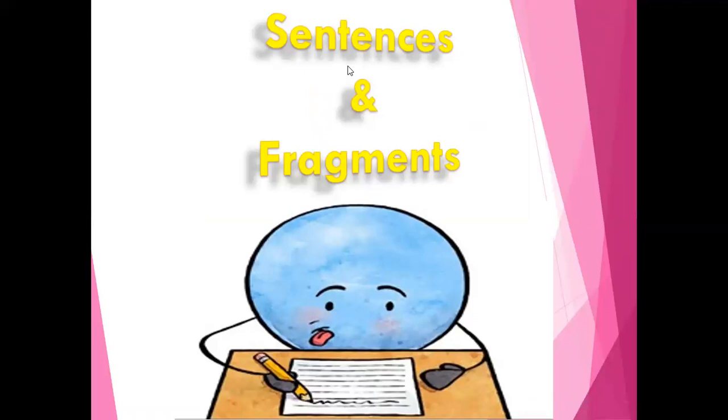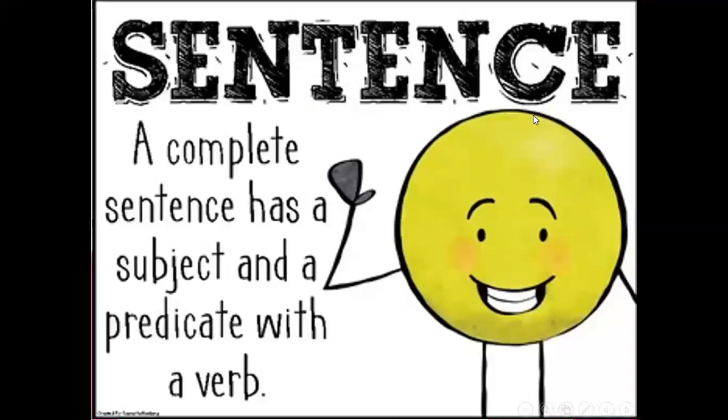So what's the meaning of sentences and what's the meaning of fragments? The complete sentence has a subject and predicate with a verb. It begins with a capital letter and ends with a punctuation mark. It shows us a complete thought or idea.